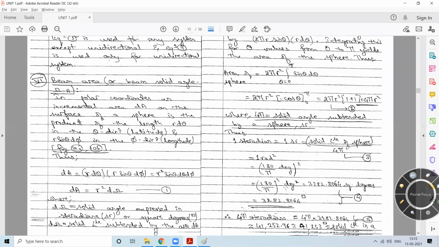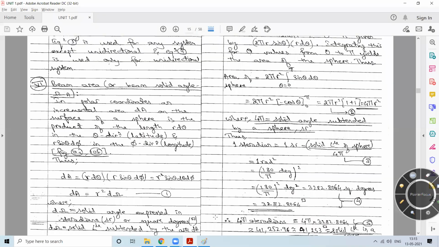Remember, in terms of steradians, 4 pi is the solid angle which is subtended by the sphere, and in terms of radians it is 4 pi radians square, and in terms of square degrees it is 41,253 square degrees, which is the solid angle subtended by the sphere.